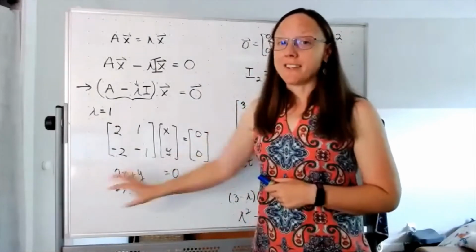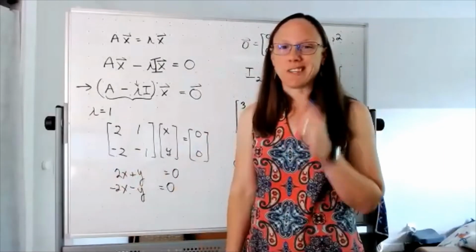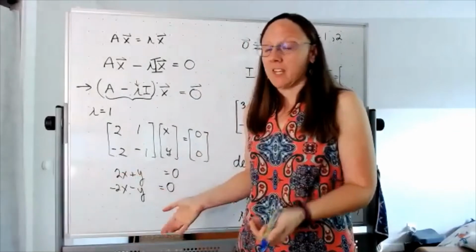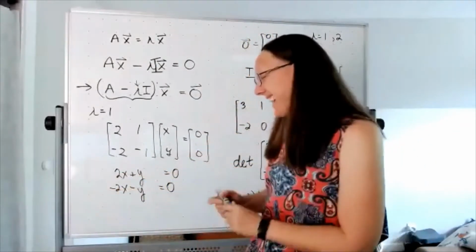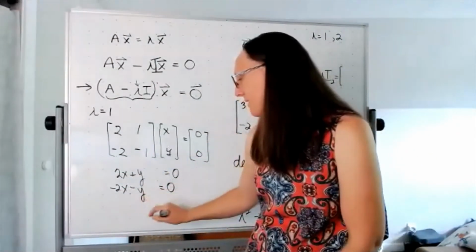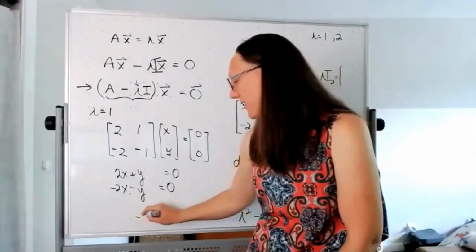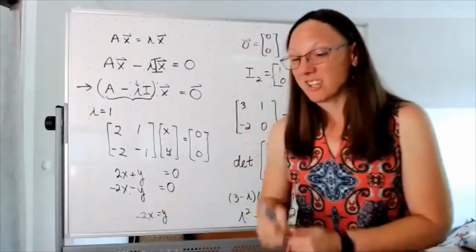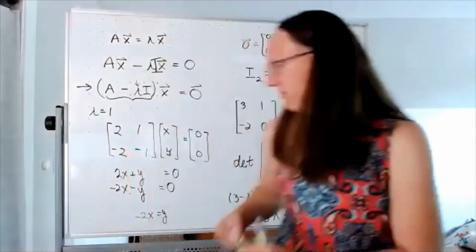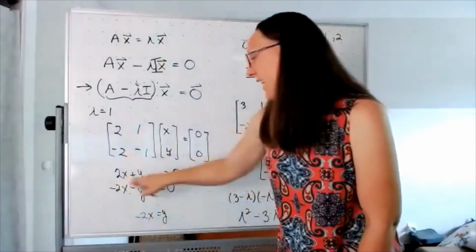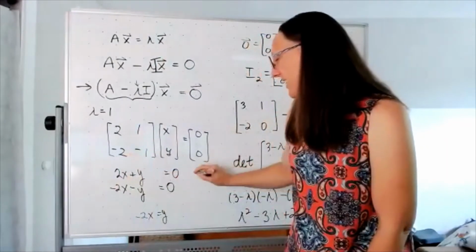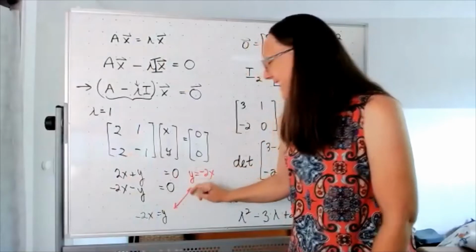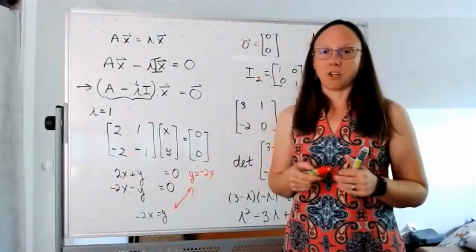Meaning, when we look at these two equations, they should secretly tell us exactly the same information. If I look at that second equation, if I added y to both sides, negative 2x is equal to y. And if I looked at the top equation and subtracted 2x from both sides, that would say y is equal to negative 2x. So they're telling us the same piece of information.